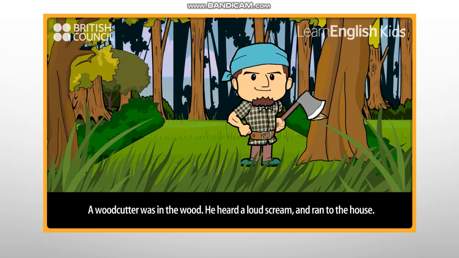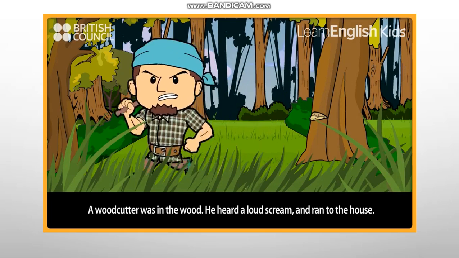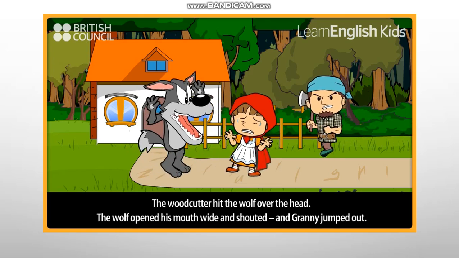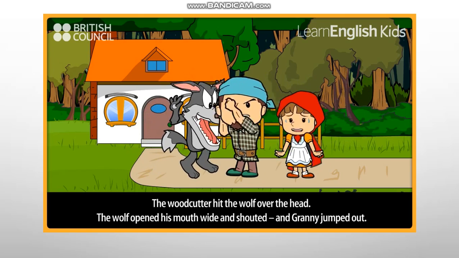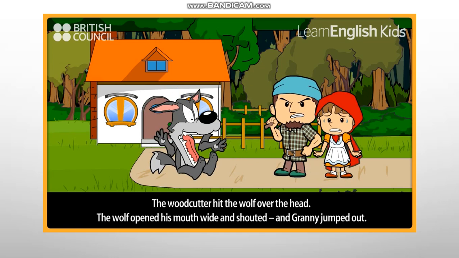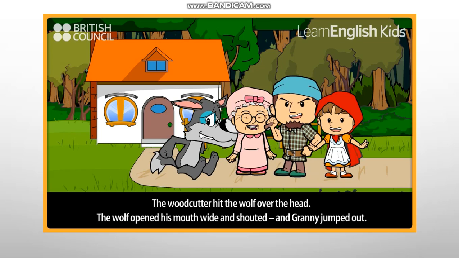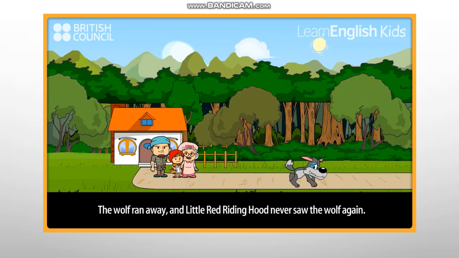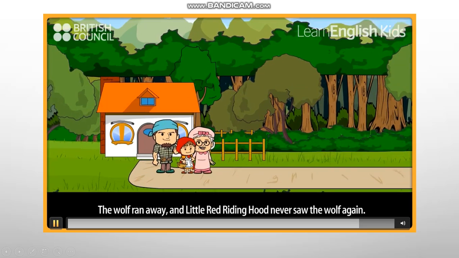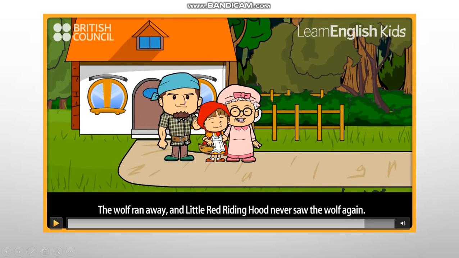A woodcutter was in the wood. He heard a loud scream and ran to the house. The woodcutter hit the wolf over the head. The wolf opened his mouth wide and shouted, "Oh!" and Granny jumped out. The wolf ran away, and Little Red Riding Hood never saw the wolf again.